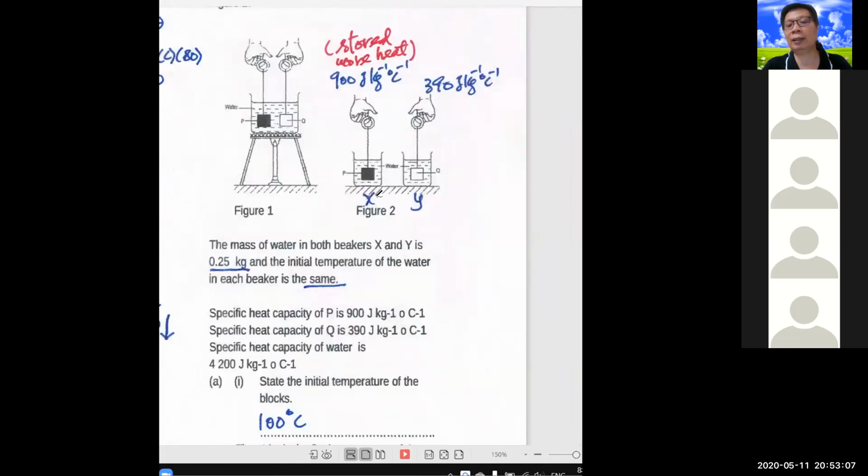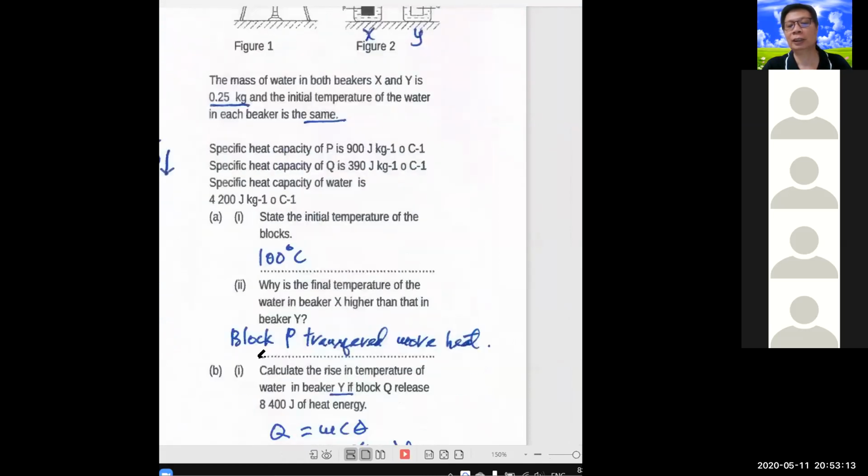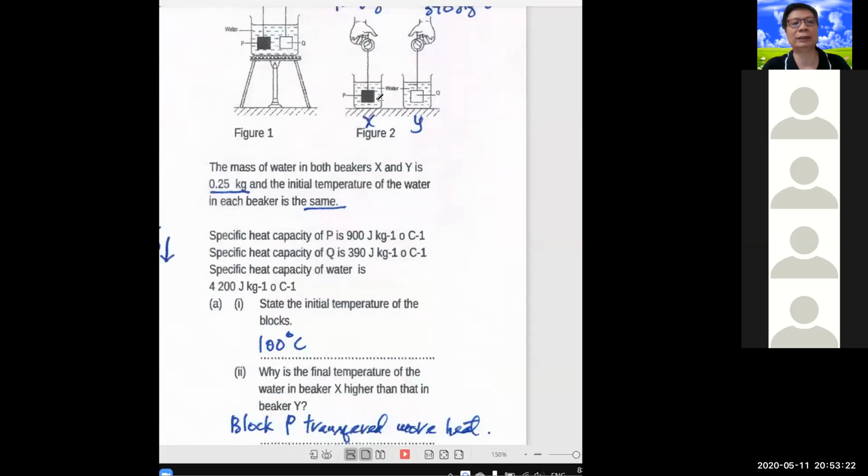I told you, block P has a larger specific heat capacity, so it carries more heat and transfers more heat to the water. That's why the water is hotter. Understand?